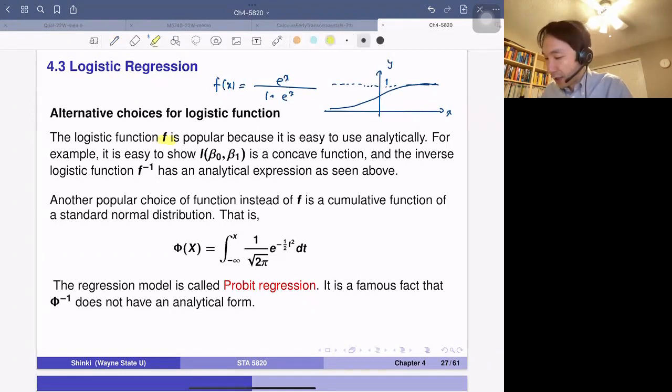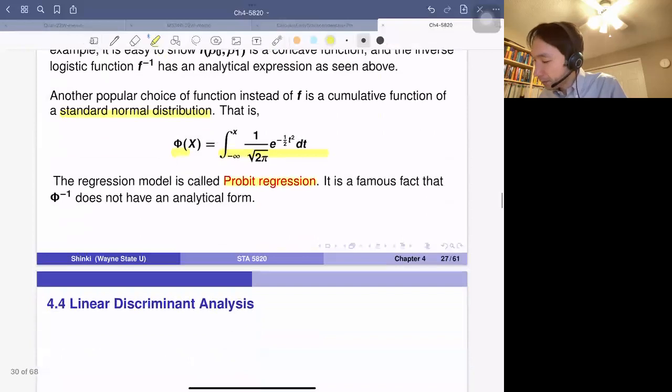The natural choice is the standard normal CDF. If we use the standard normal distribution, the model is called a probit model or probit regression. And it's a famous fact that the inverse of this function, phi inverse of y, does not have an analytical form.